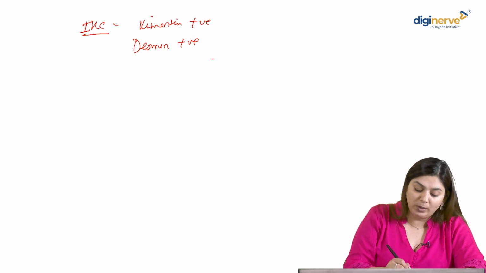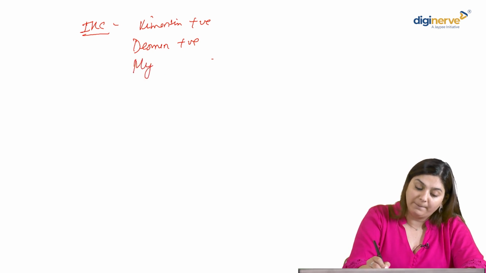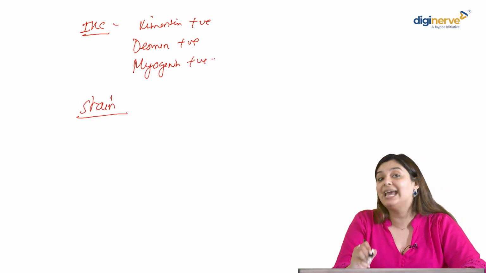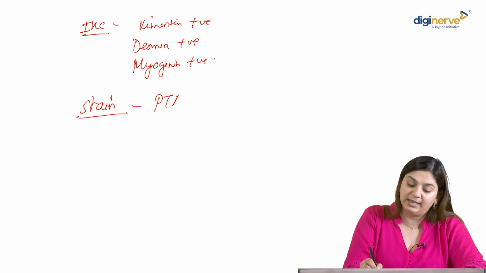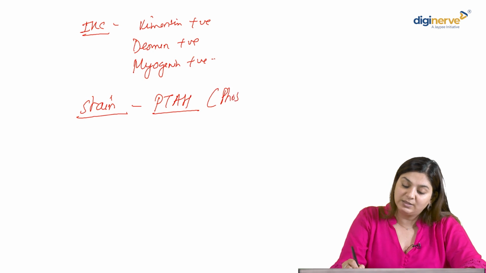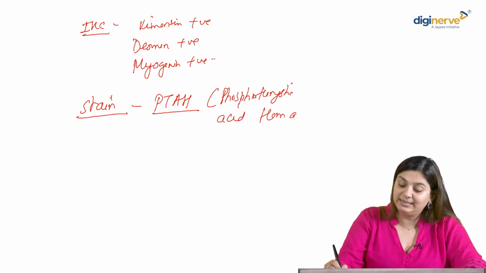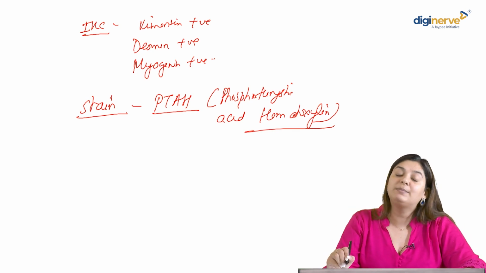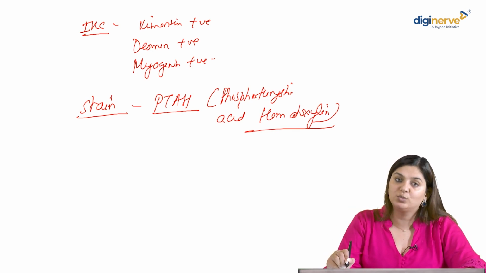So, with this, you will be able to diagnose that this is rhabdomyosarcoma, myogenin positive. And the stain for it, as I told you, it is a skeletal muscle tumor. So, the stain for skeletal muscle tumor is PTAH, that is phosphotungstic acid hematoxylin. So, this is about rhabdomyosarcoma, students.